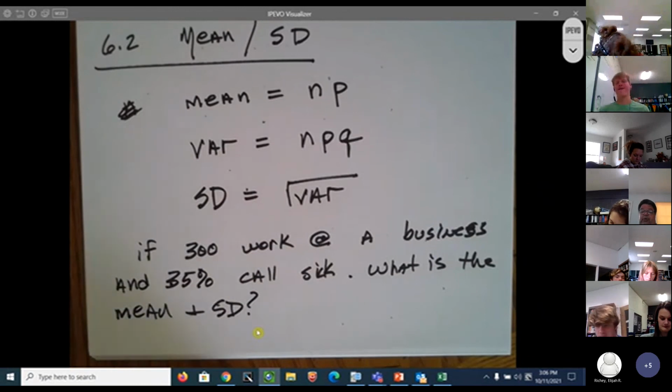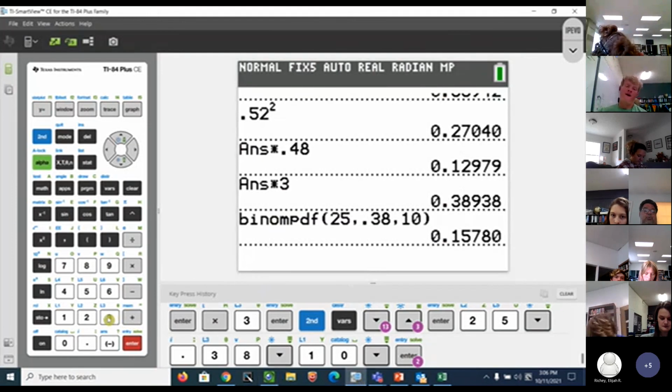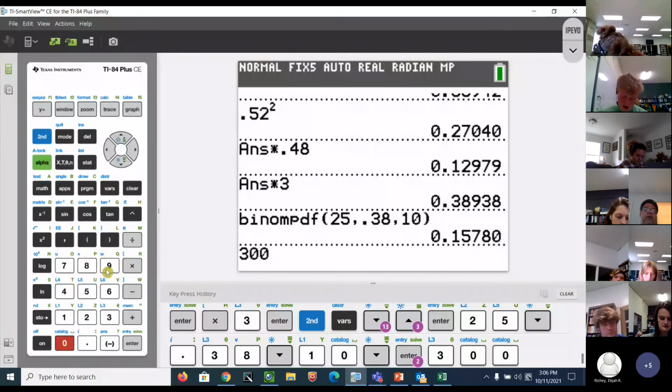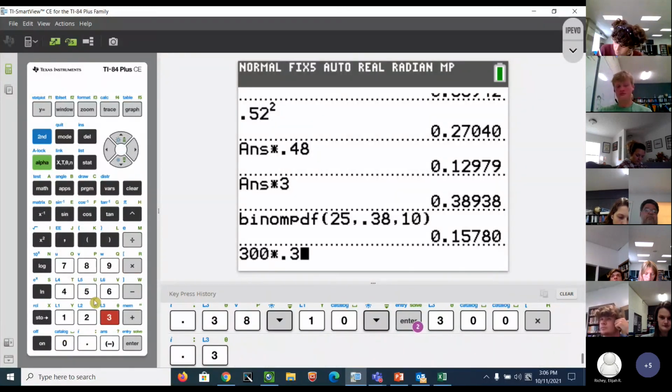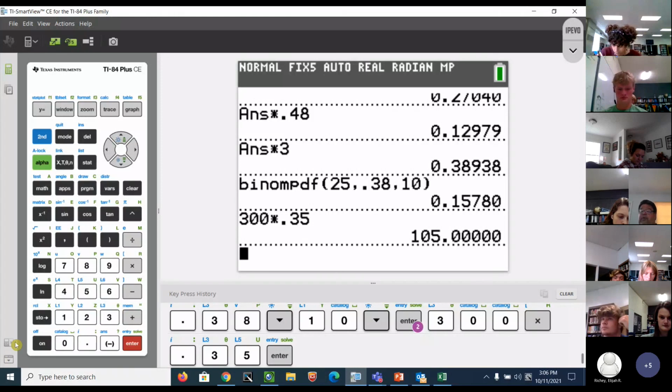And you take 300 and you multiply 300 times 0.35. So the mean is equal to 105. For the variance, what is Q?